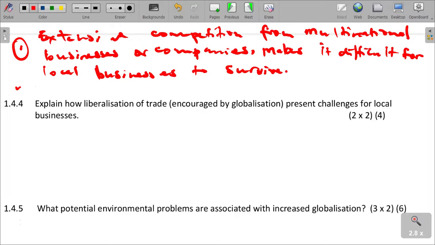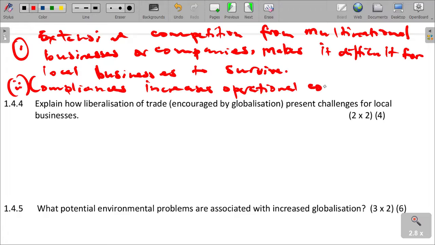Number two, compliance increases operational costs to local businesses, which is also a challenge.